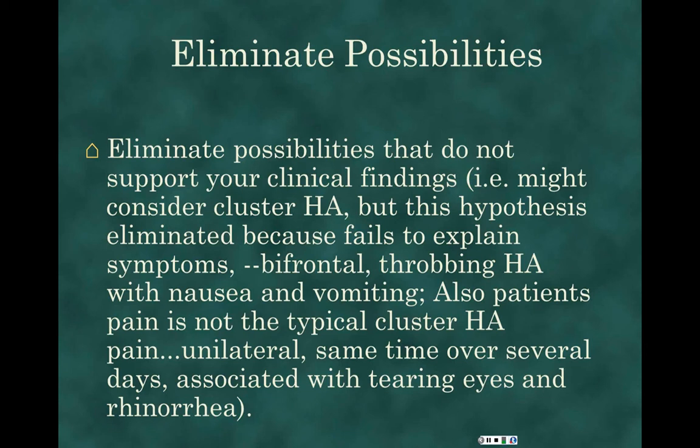Also, the patient's pain is not the typical cluster headache pain, because a typical cluster headache pain is unilateral, and it usually occurs at the same time over several days, and it's associated with tearing eyes and runny nose on one side of the face. Those are typical symptoms of a cluster headache, whereas the other symptoms that this particular patient has presented with don't explain cluster headaches.